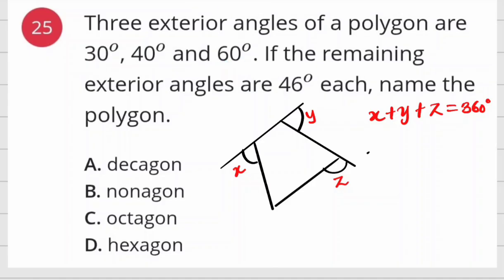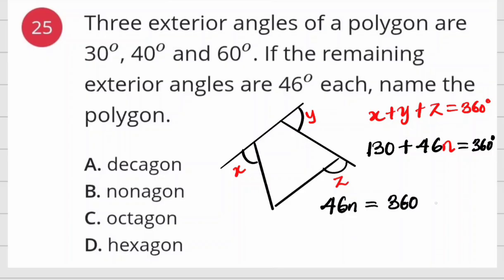So definitely the sum will be 130 plus this 46. This 46, we don't know how many they are, so let's represent them with n, because that's the multiple of this 46. Don't forget, it must still sum up to 360. So which means 46n will be equal to 360 minus 130.